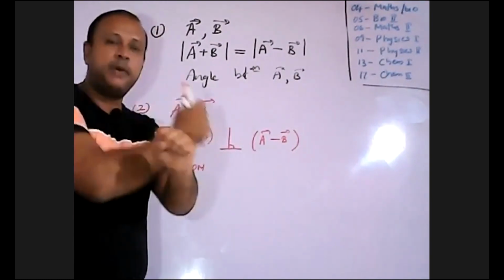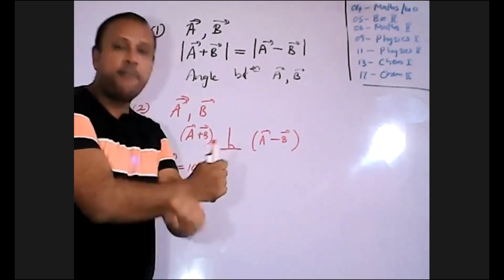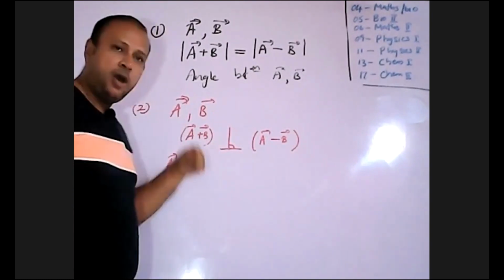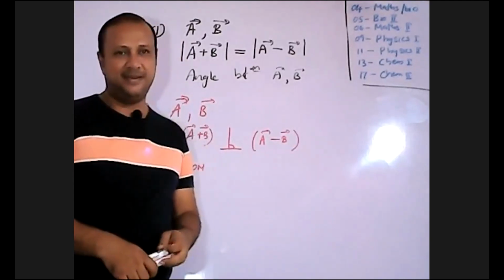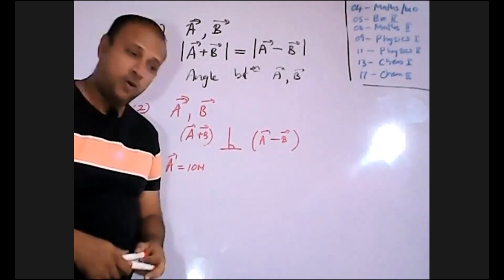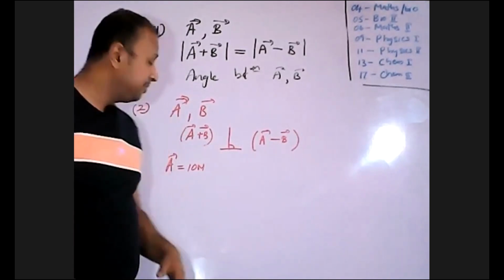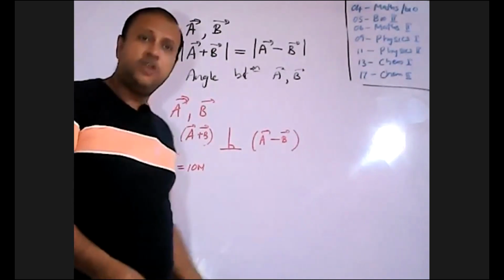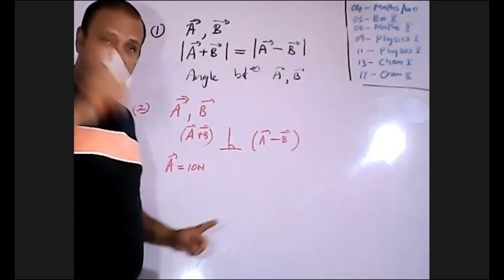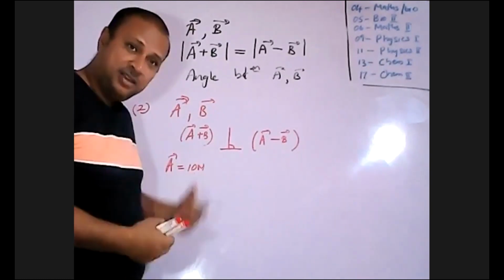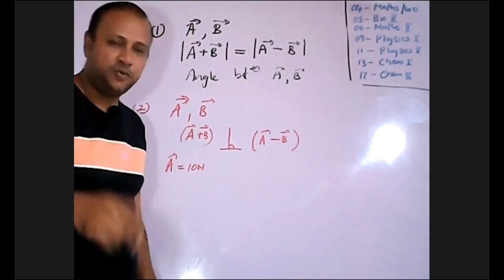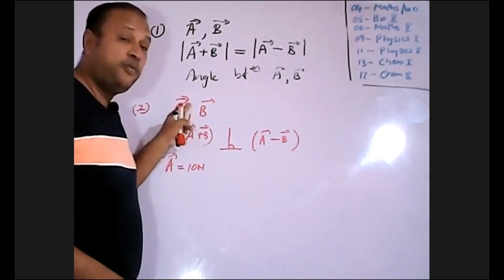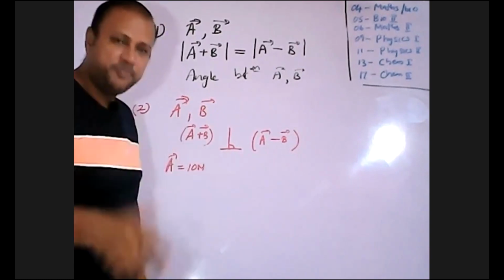If two diagonals are perpendicular to each other, that parallelogram should be a square or a rhombus. If it is a square or a rhombus, you know all the sides are equal in length. Therefore, if one side is equal to 10 Newton, the other side is also equal to 10 Newton in magnitude. Therefore, the magnitude of B vector should be equal to 10 Newton.